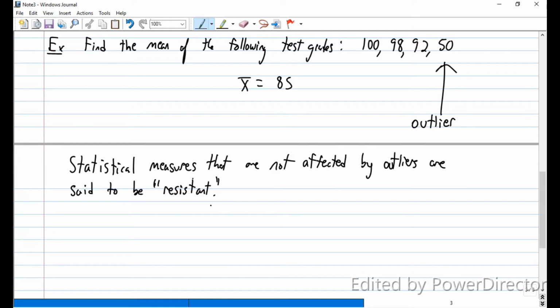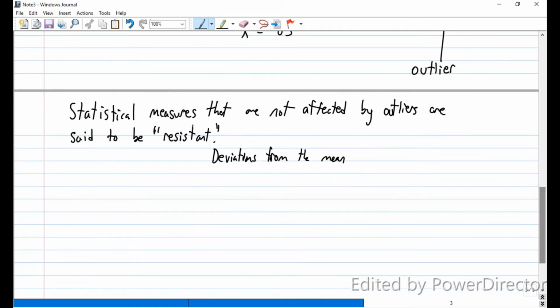So this is going to be the deviations from the mean for our test grades. So these are going to be our data items, our test grades. And then this is going to be the deviations from the mean.